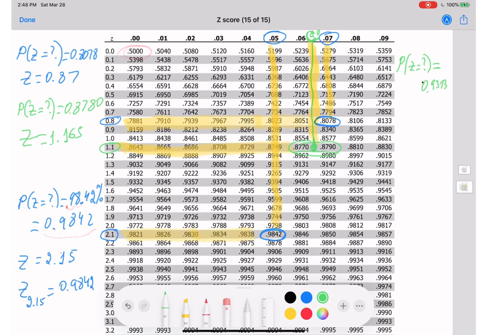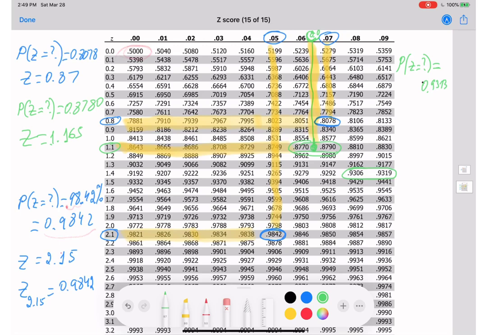You can pause the recording and then try to locate it yourself. Okay, and on my end I can tell you that it's right here, falling between these two.